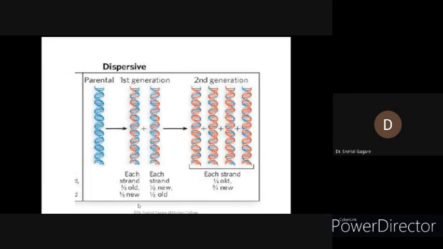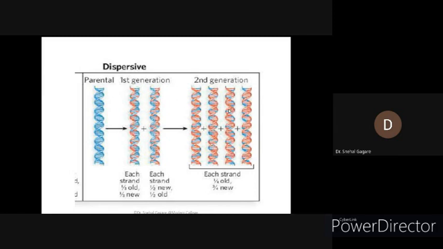And the last one is the dispersive mode. In the dispersive mode, what they are saying is the entire parental strand is broken and new strand is synthesized on it in pieces. So here, after first generation, both the strands will be hybrid.